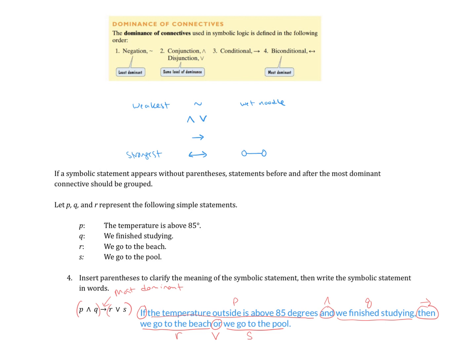And we put a comma by that most dominant connective, by then. Parentheses were here. So if the temperature outside is above 85 degrees and we finish studying, comma, then we go to the beach or we go to the pool. The key to this problem is that we put parentheses before and after the most dominant connective. So we identify which one is most dominant, we group before it, we group after it.